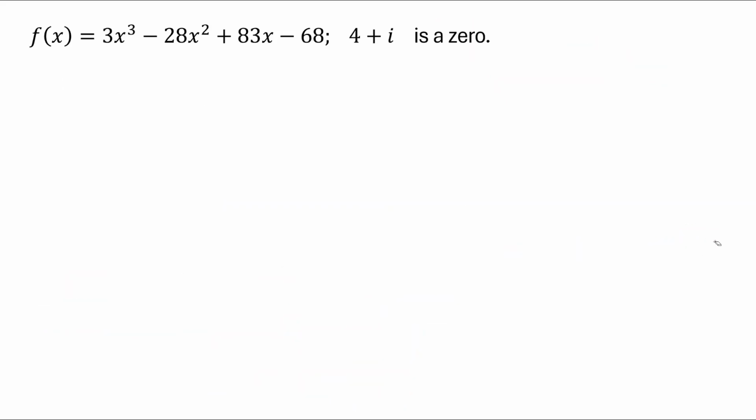Okay, this is number 35 on section 2.4, so the next one. And again, they're giving us that 4 plus i is a 0. And so we also know that 4 minus i is a 0. And so again, I'm not going to use Descartes' rule of signs or anything, because all I have to do is divide by 4 plus i.